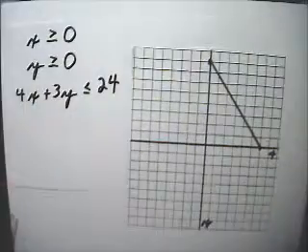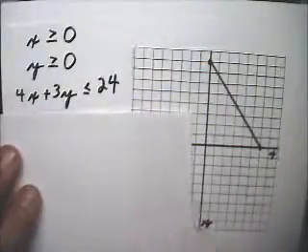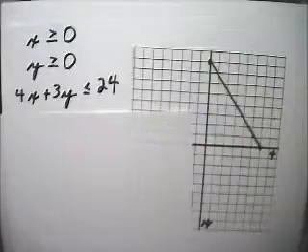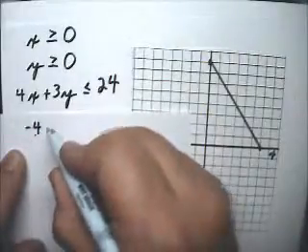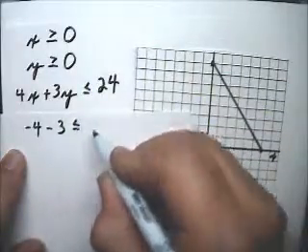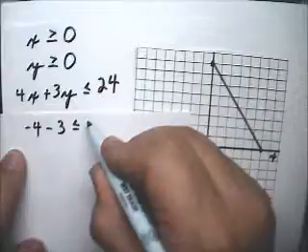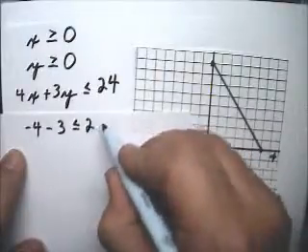I'll use the point (-1, -1). So if I let x and y both be -1, this ends up -4 minus 3 is less than or equal to 24.